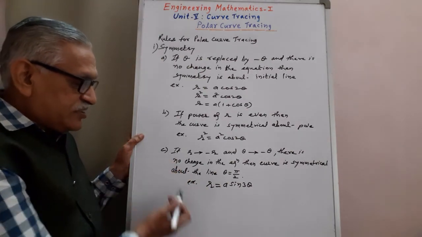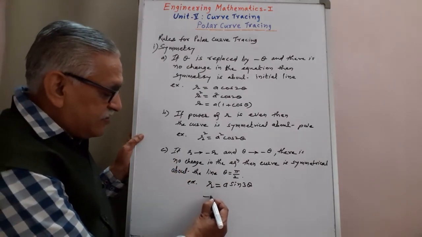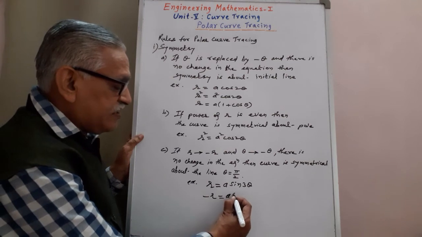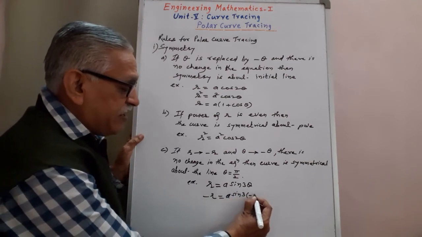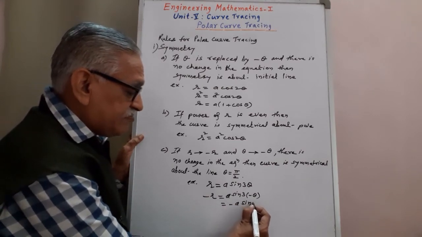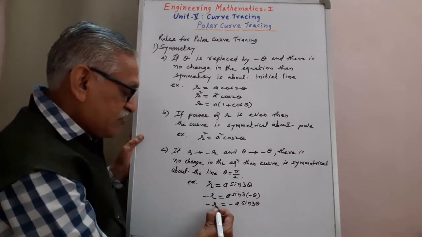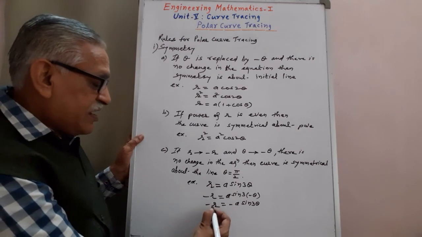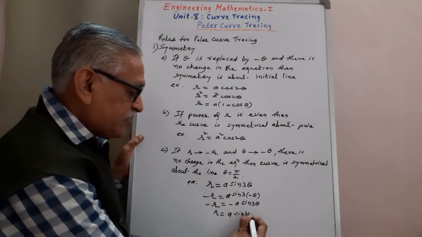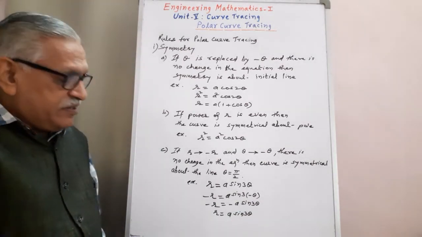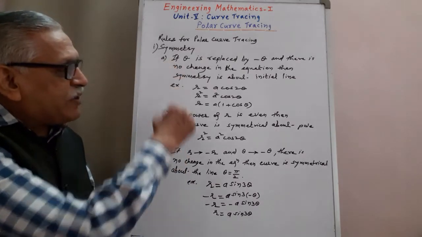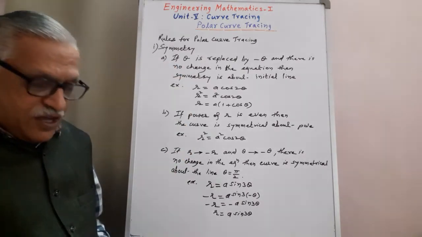Then we check for the third symmetry. Replacing r by -r, we get -r, and on the right-hand side replacing θ by -θ, we get a sin(3 times -θ), and that is -sin 3θ, equal to -r. The minus signs cancel, and we get the same equation, r = a sin 3θ. As there is no change in the equation, the curve is symmetrical about the line θ = π/2, or the line perpendicular to the initial line, the vertical line.